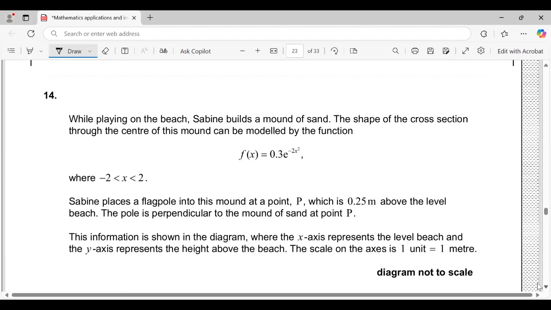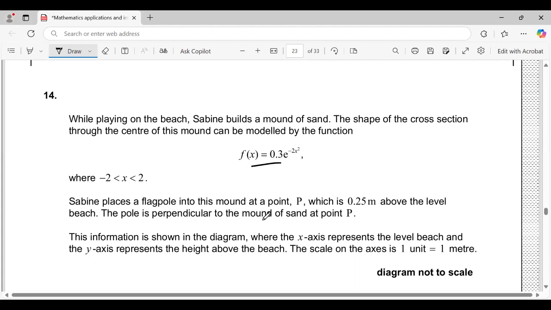14. While playing on the beach, Sabine builds a mound of sand. The shape of the cross-section through the center of this mound can be modeled by this function, where x is in the interval minus 2 to 2. Sabine places a flagpole into this mound at a point P, which is 0.25 meters above the level beach.